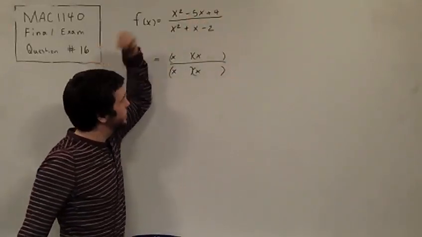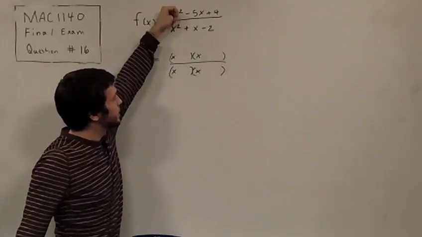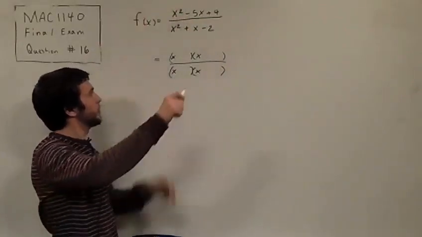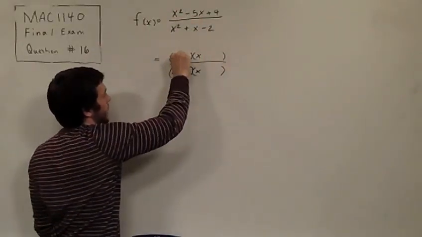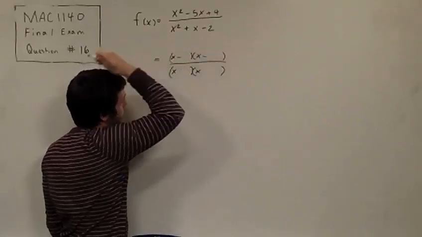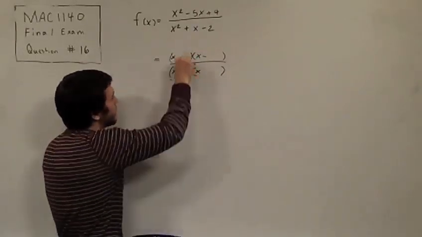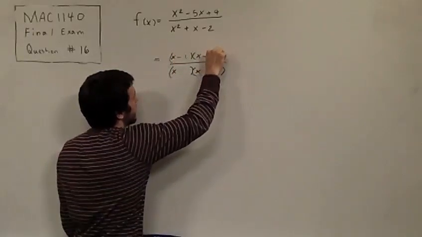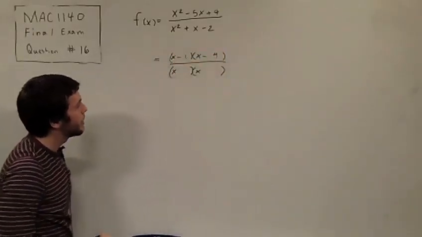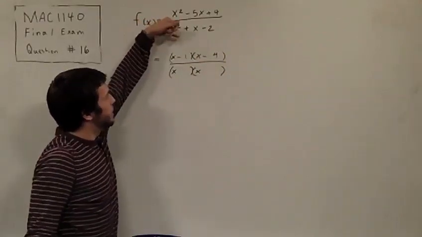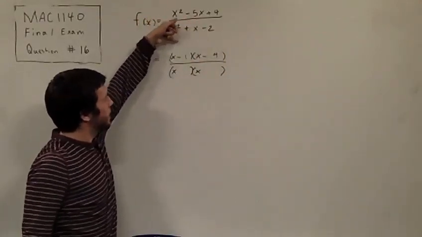Since we're adding up to negative 5, there are going to be two negative numbers. What two negative numbers add up to negative 5 and multiply to give positive 4? Negative 1 and negative 4. Those are our numbers.